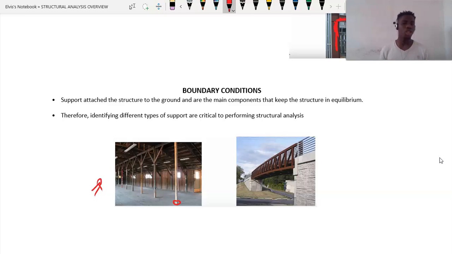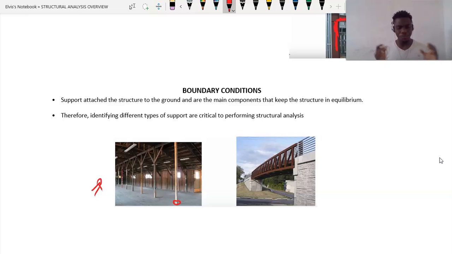Okay, guys, so this is what we know as structural analysis. So you need to know that, guys, structural analysis is a way civil engineers analyze buildings so that they can be able to design buildings.